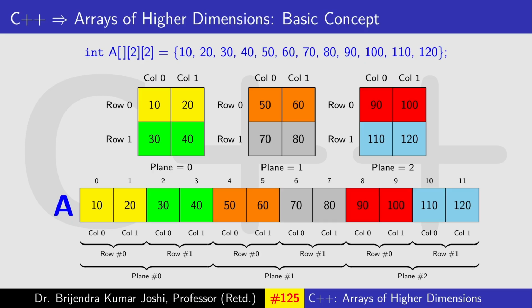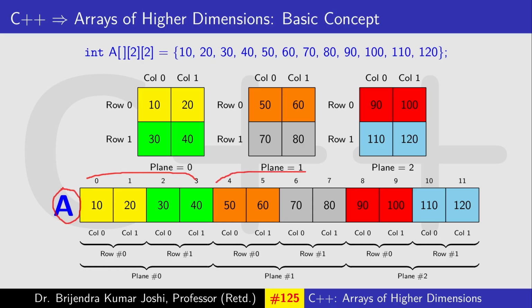So how will they be stored in linear memory? So here is the name of the array. Okay, the distance from the starting of the array of any element or any plane would be like this. So plane 0 would be stored first, these 4 elements you can see here.